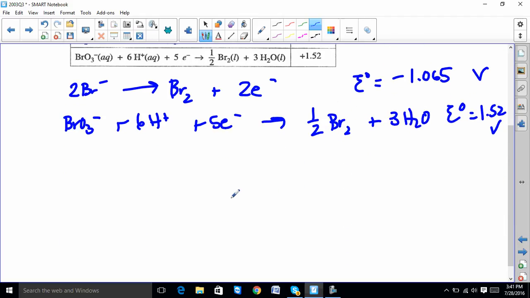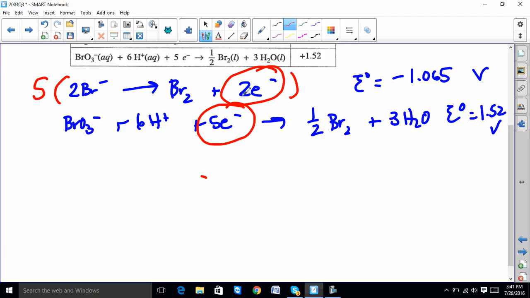Okay, interesting phenomenon. Now, one thing we know about redox reactions is that, I'm going to switch colors, this and this have to be the same. By the way, this is on the right-hand side of the arrow, this on the left. So the most important thing in redox is they have to be the same. I'm going to have to multiply this by 5 because that'll give me 10.